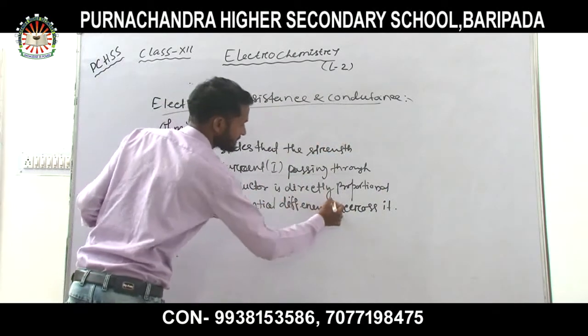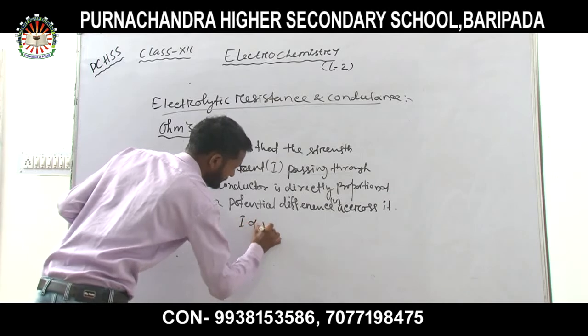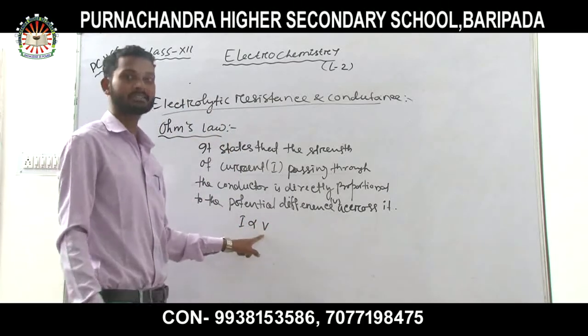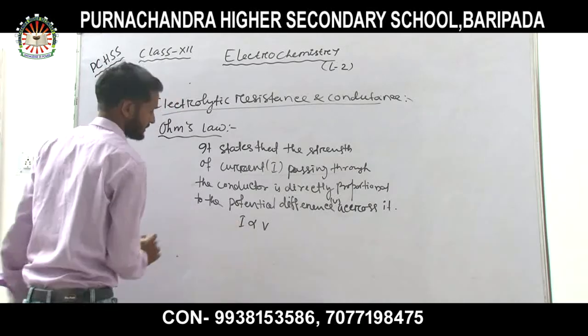The potential difference is denoted as V. Now I is directly proportional to V, where V is the potential difference in volt and I is the current in ampere.